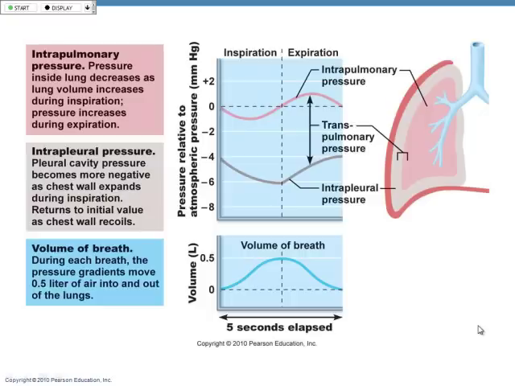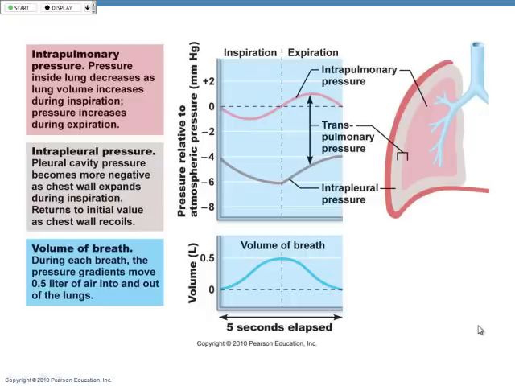Intrapleural. Pleural. What's that? What's the pleura? Yeah, those are the membranes that line the thoracic cavity. What kind of membranes are those again? They're serous membranes. They secrete a fluid. So that pressure is also going to be important for inspiration and expiration.